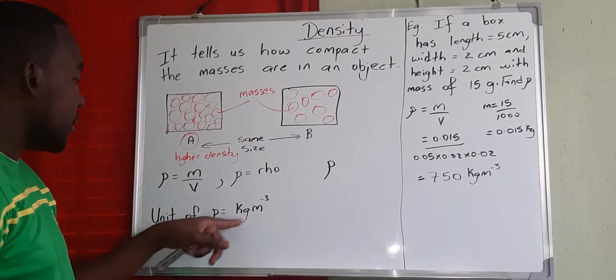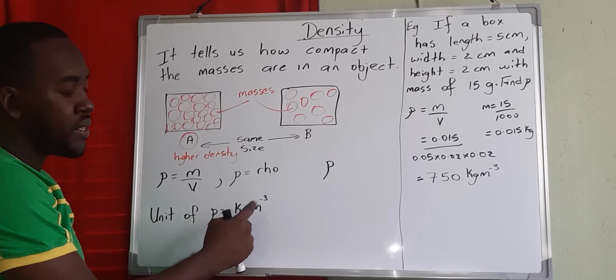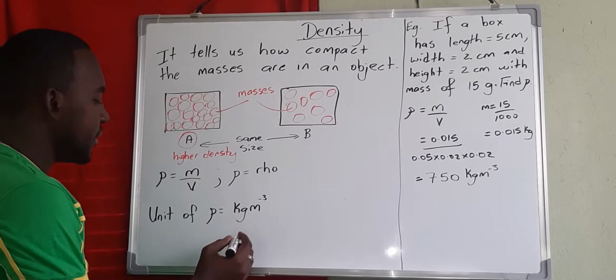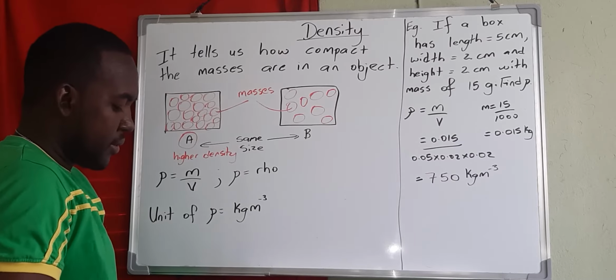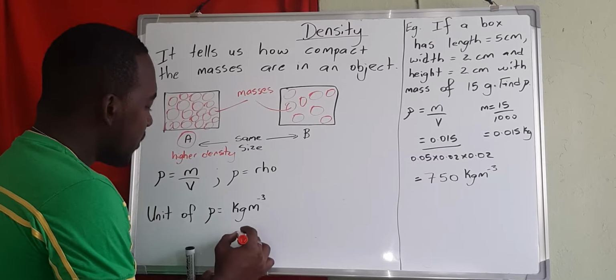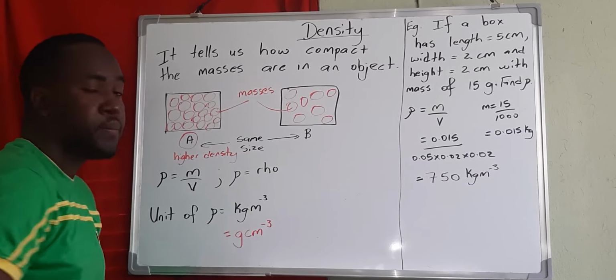The unit for mass is kilograms, volume is meter cubed. So kilogram per meter cubed. But you also see some books having it as grams per cm cubed.